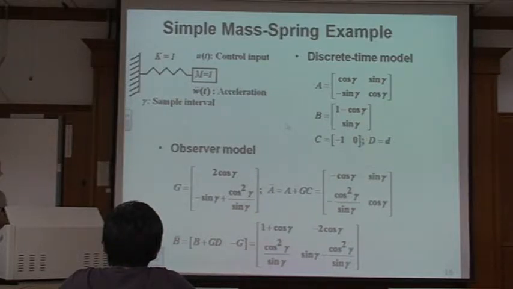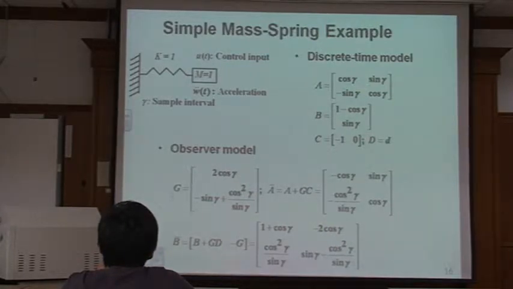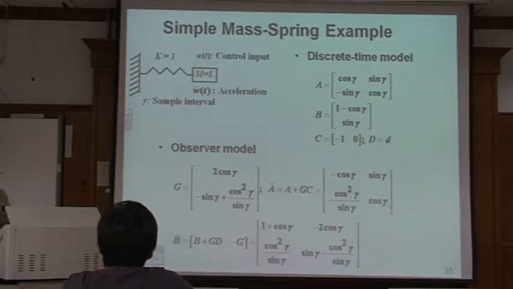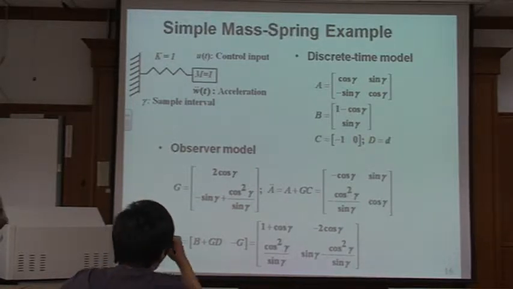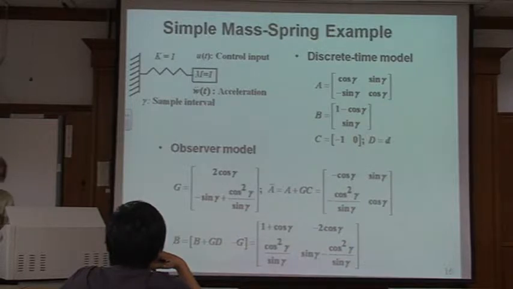So from the observer model, we know G, and G is a 2 by 1 vector. And from that, we know A bar equals A plus GC, and that's a 2 by 2 matrix. And then we have B bar equals B plus GD minus G. This is also 2 by 2. And again, gamma is your sample interval.